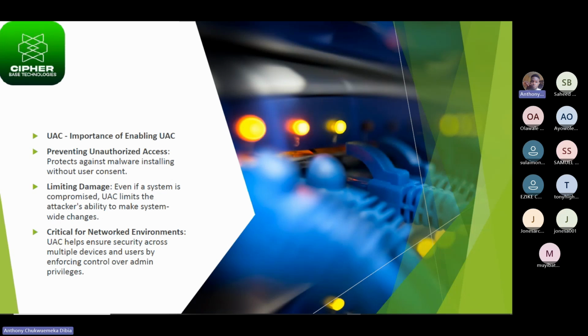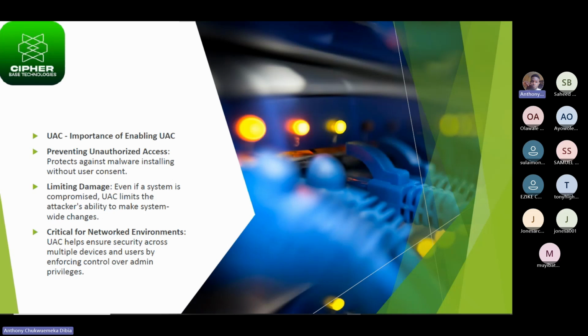Now, limiting damage. Even if a system is compromised, UAC limits the attacker's ability to make system-wide changes because the attacker will not have administrative privilege to make those changes.